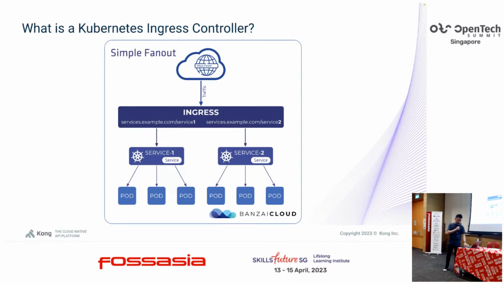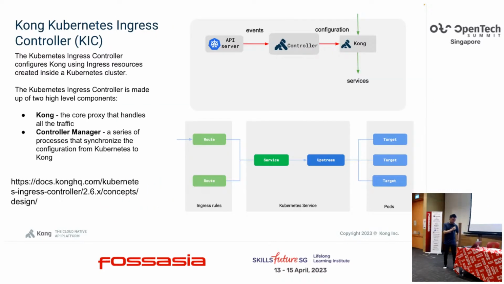That's how we typically deploy Ingress controllers to direct traffic when it comes into our cluster. Very simple. Kong has its own Kong Ingress controller.